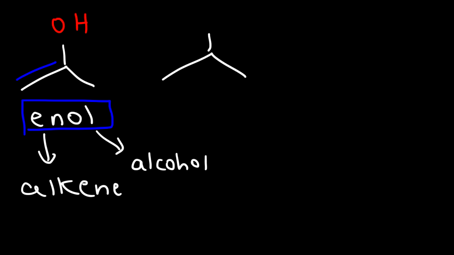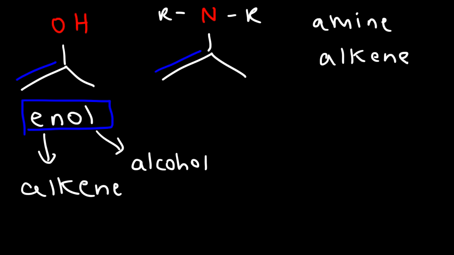So here's another one. Let's say there's a nitrogen with two R groups and it's next to a double bond. So a carbon with a nitrogen, that's an amine, and a double bond is an alkene. If we combine these two, we get something called an enamine.